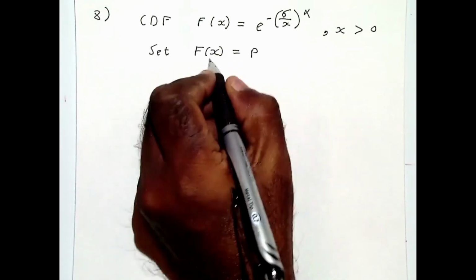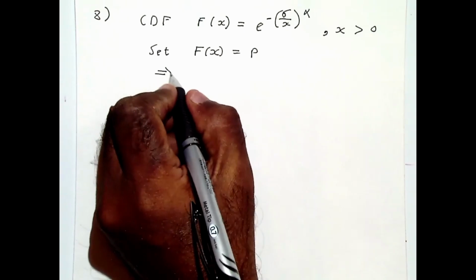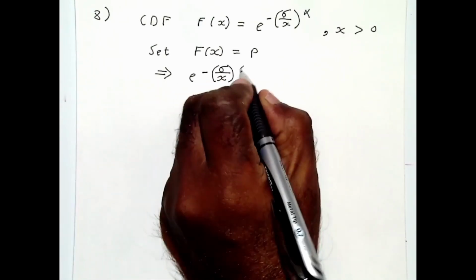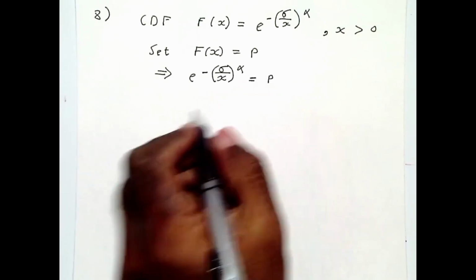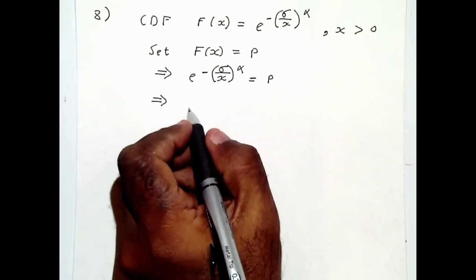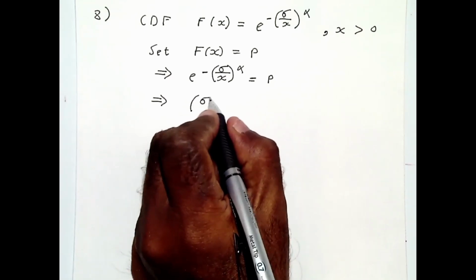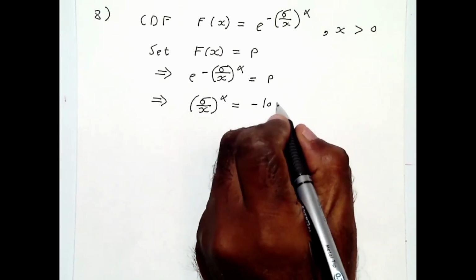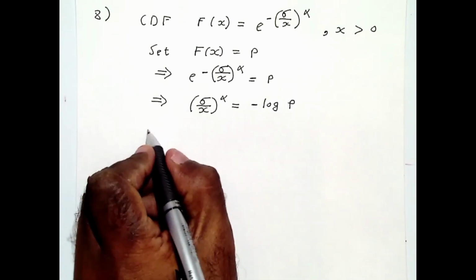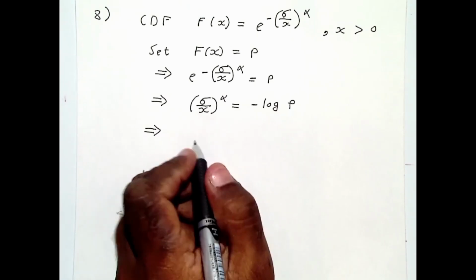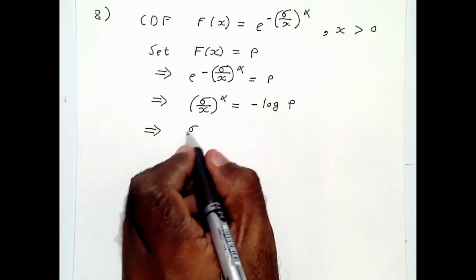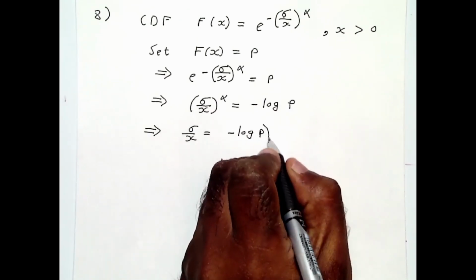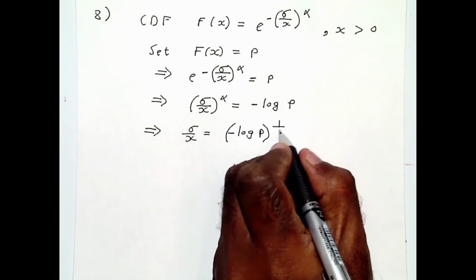Now, in order to find the VaR, you set the CDF equal to p. Alright, and if you solve this, you get, okay, and so you get sigma over x is equal to minus log p to the power 1 over alpha.